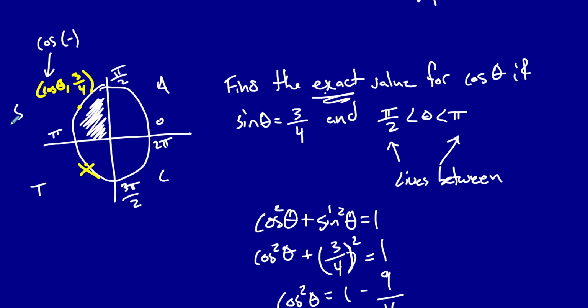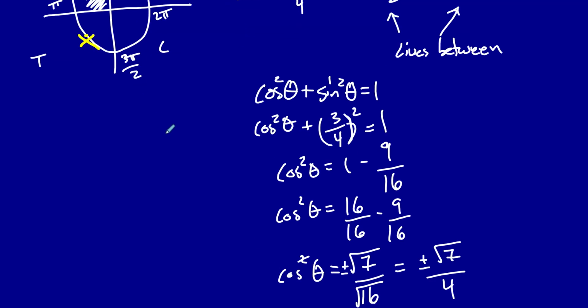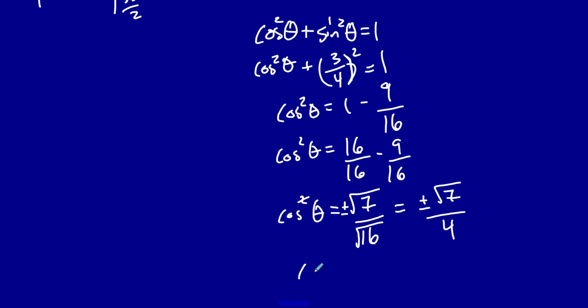So here in the S quadrant, cos is going to be negative. So while we have two answers, cos of this angle is going to equal negative root 7 over 4, due to the fact that our angle lives between pi over 2 and pi.